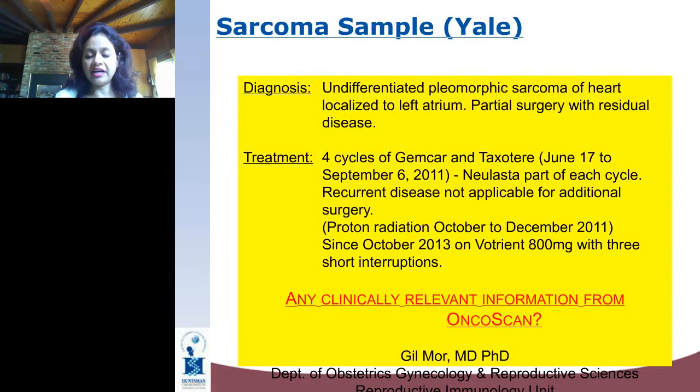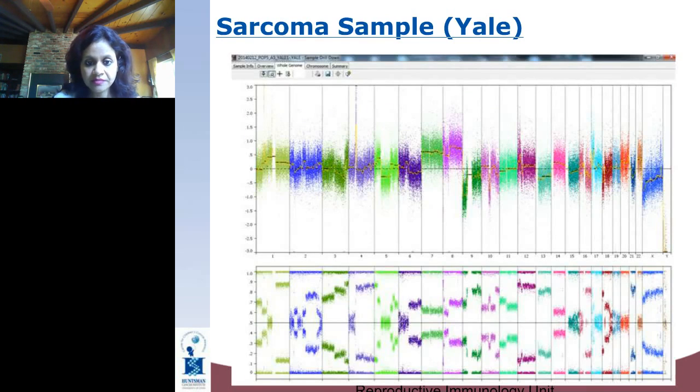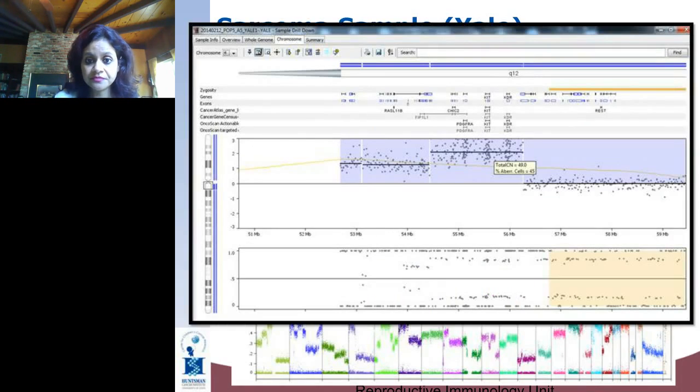And I'll end with one important real case study on a sarcoma sample from Yale, where this patient had already undergone treatment, and they wanted to see if they could get anything else to help this patient from OncoScan. Again, you can see that this is a highly genomically unstable sample, which was important information in and of itself in terms of prognosis.